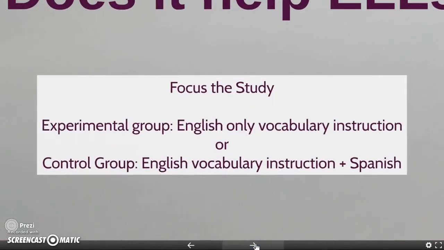This is a good method of research because it focuses the study on a specific topic of interest. In the case of my article, the researchers wanted to know whether English-only vocabulary instruction or English vocabulary instruction enhanced with Spanish bridging would increase students' vocabulary knowledge.